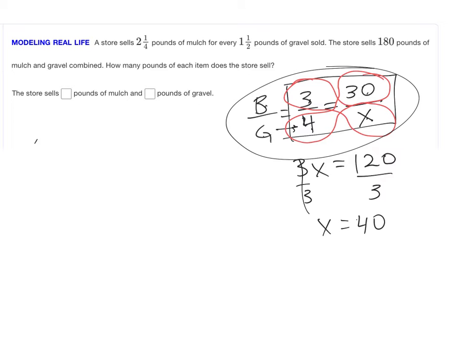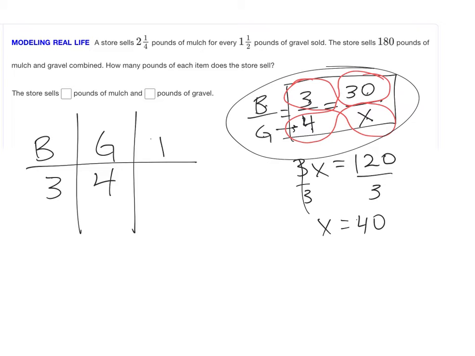So now, putting it in a table, if I have boys and girls, then I have 3 boys for every 4 girls. And what about total? What if I said there are a total of 500 kids that go to the school?